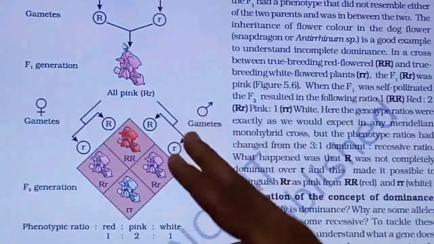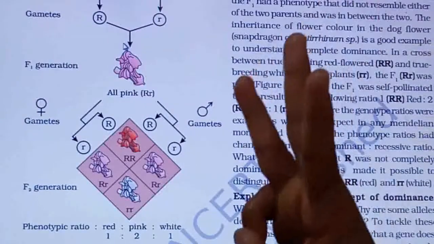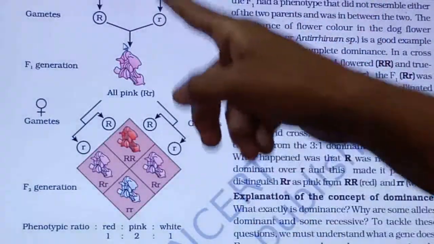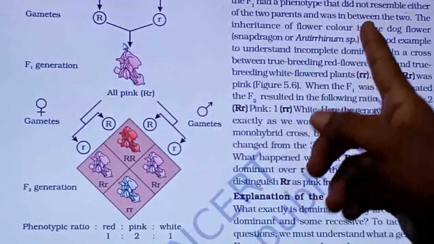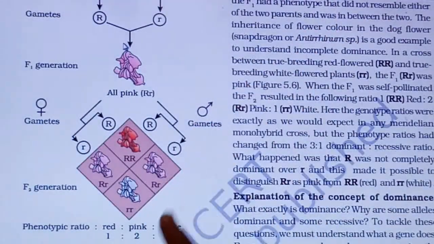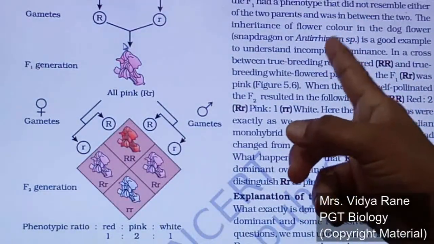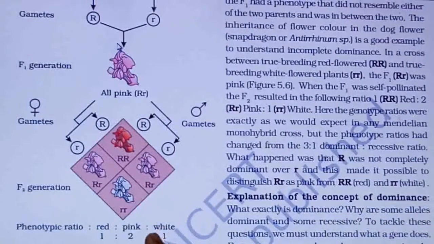So a full explanation on this, a 3 marks question, will be asked, right? In that you have to write the name and you have to show the cross also. Or sometimes only the name is asked, that is 1 mark, as I have already said. So you have to remember the name of the species and the full explanation with the cross.